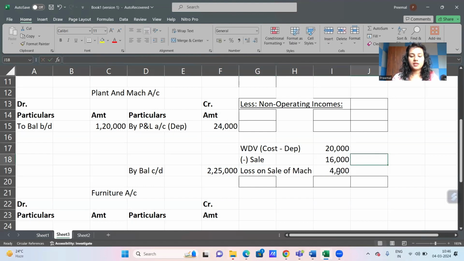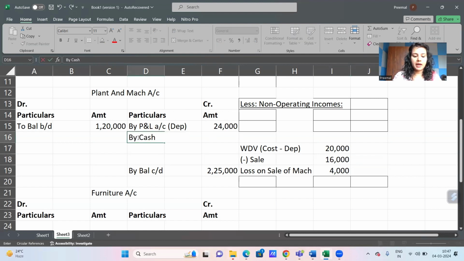So therefore, this value, that is the sale and loss, is transferred into the account that we are preparing. The sale will be taken as by cash or bank, indicating sale amount 16,000, and the loss on sale will be taken as by P&L account, indicating loss on sale 4,000.